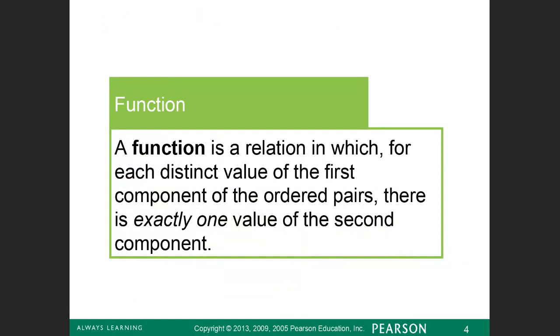What if you're given a parabola? A parabola has an equation of y is equal to x squared. If I apply the vertical line test, you have only one intersection, so therefore this is a function.